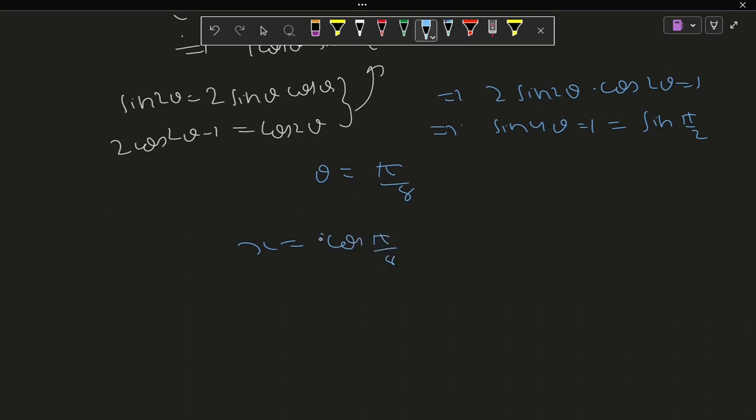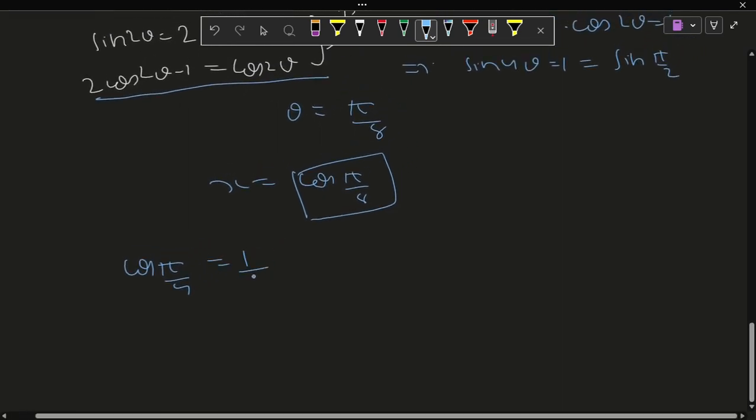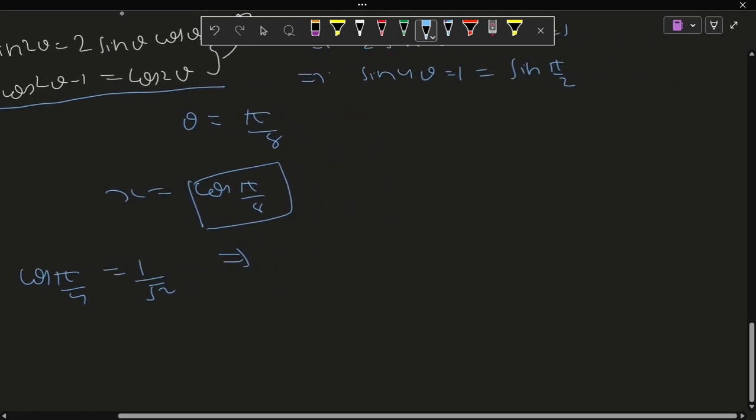Now we just need to solve this, which can be easily solved by this identity, as we know the value of cos of pi by 4, which is 1 by root 2. So we put theta as pi by 8 in this identity.